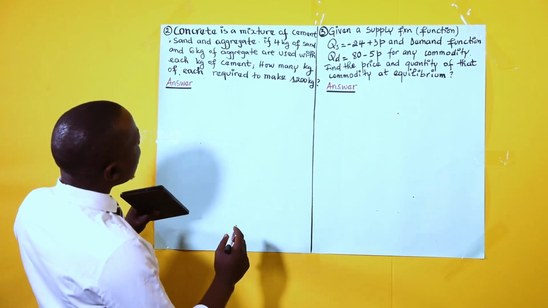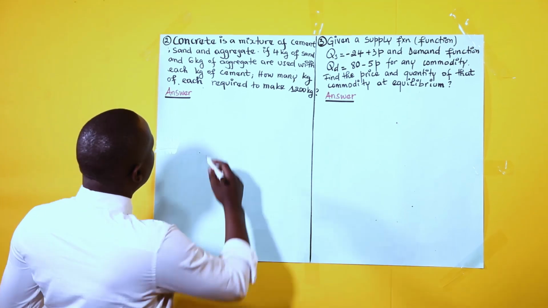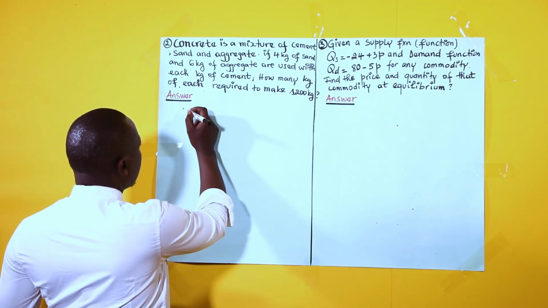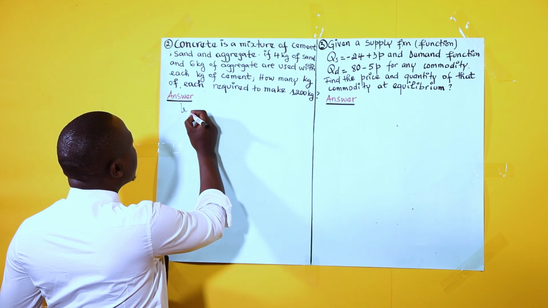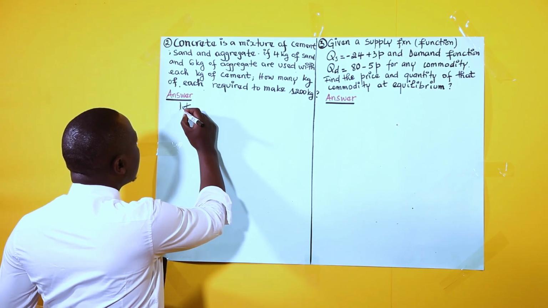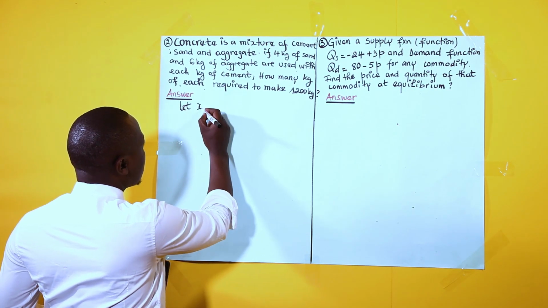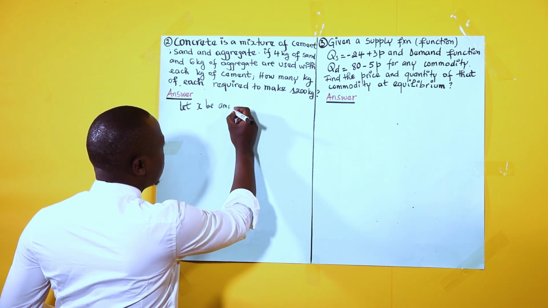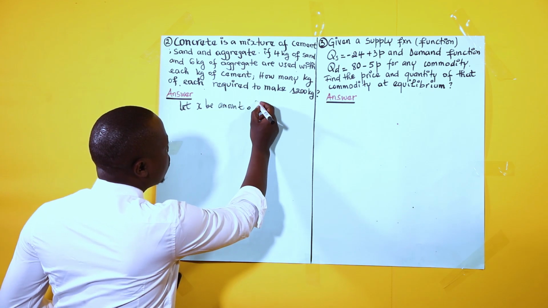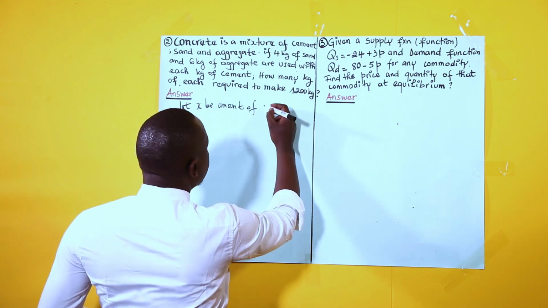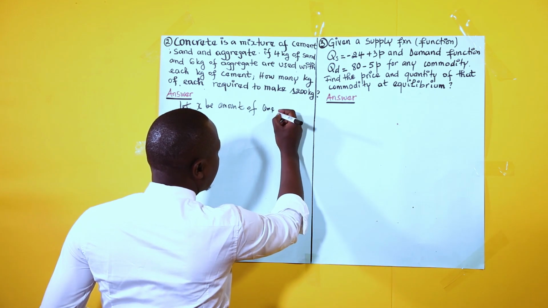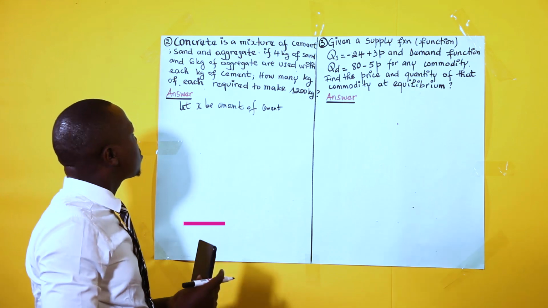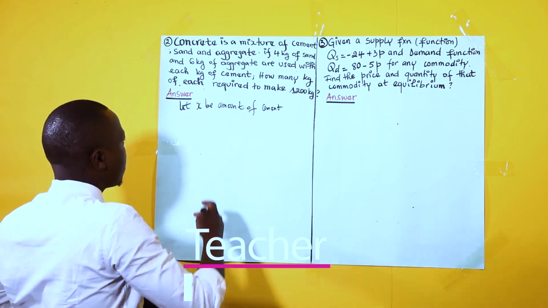Now, let X be the amount of cement, because it is 1 kilogram of cement, right?